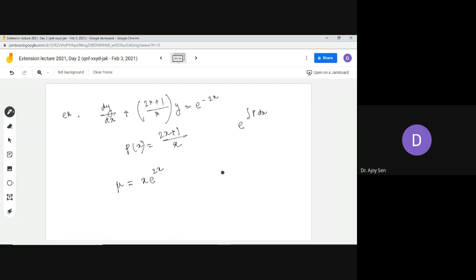So if you multiply this on both sides, you will check that this left hand side you can write in this way. This will become x e to the power 2x dy dx plus e to the power 2x times (2x plus 1) y.